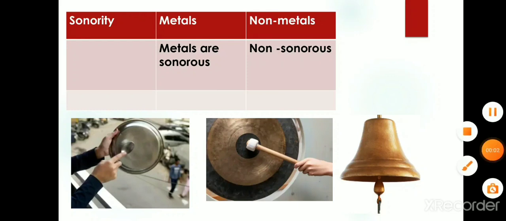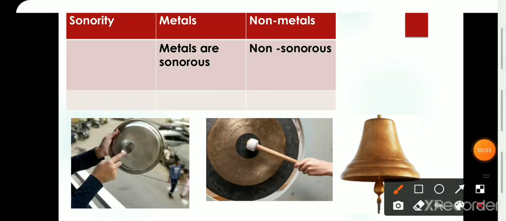Next property is sonority. You may have heard the bell ringing sound in your school. Have you ever thought of what material that bell is made up of? That bell is made up of brass, which is an alloy, a mixture of copper and zinc metals.